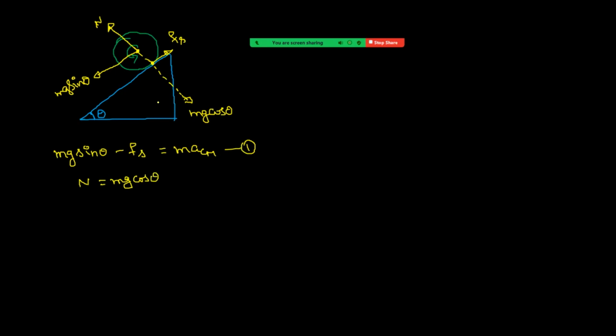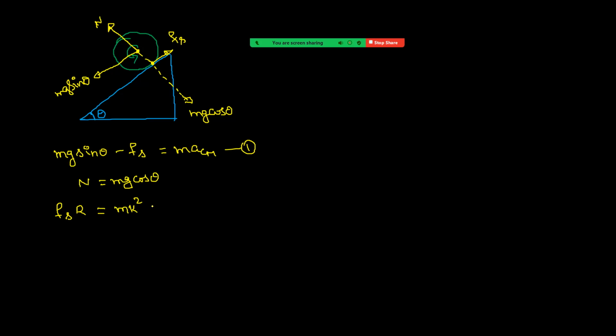Next, the torque equation about the center of mass: Fs times R is equal to I times alpha. In place of I, I am writing m k squared, where k is known as the radius of gyration.